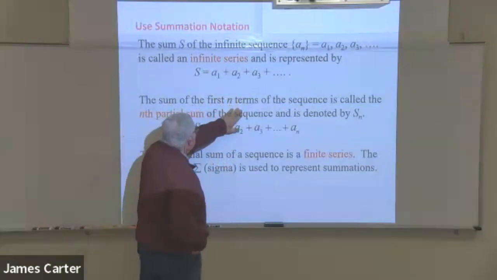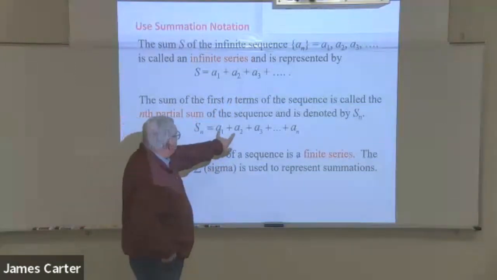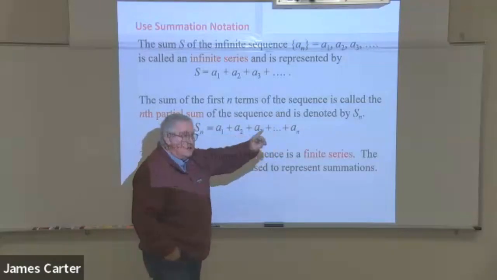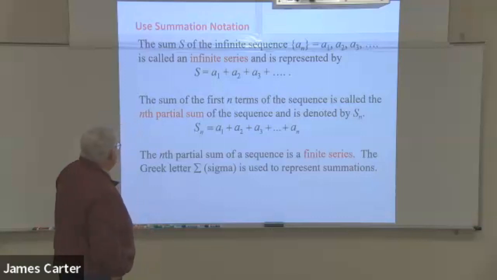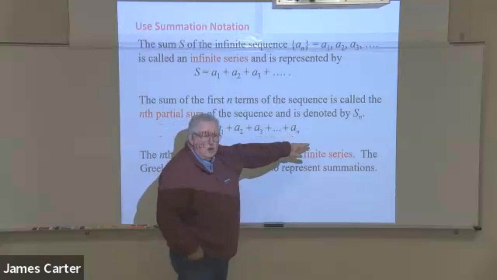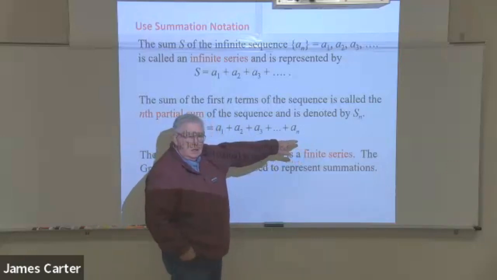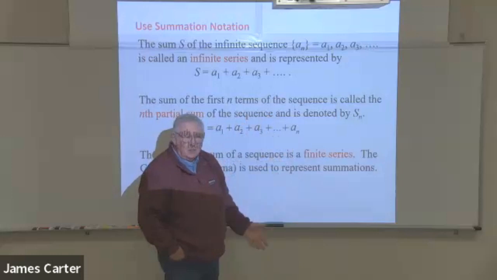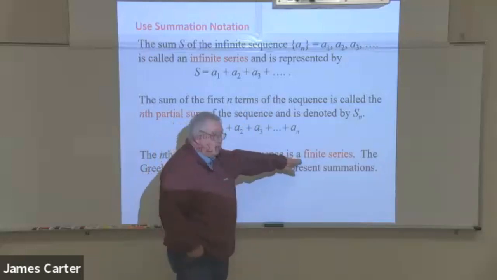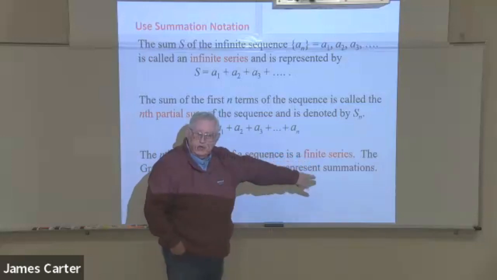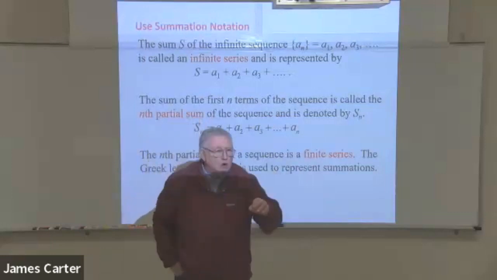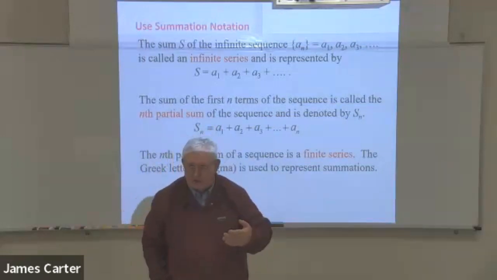Okay, in this case, we are adding the terms instead of them just being discrete terms. Now, presumably, this sequence would go on forever. But we're going to pick some end point arbitrarily. And then we call, if we pick an end point, then we call it a finite series. Just like before, we called it a finite sequence.